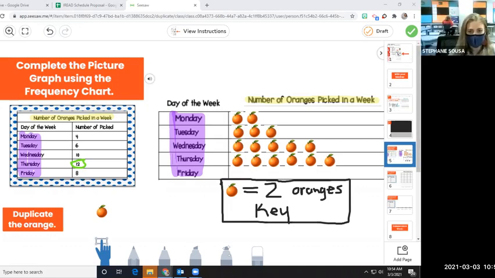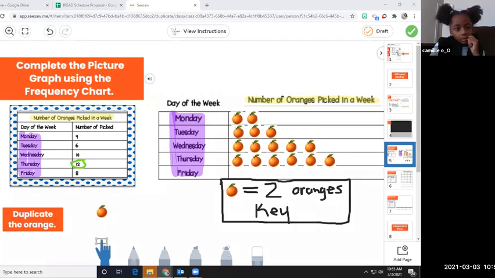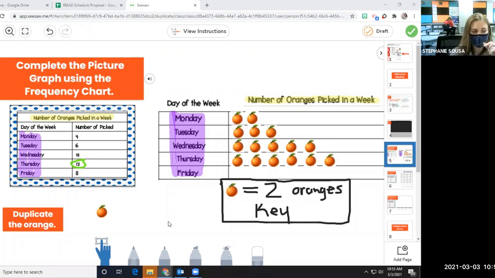All righty, let's take a look at our next one, Friday. Friday has 8 oranges picked. We're going to have to duplicate. There we go. I'll hold it up here. We are going to have to duplicate until we have enough to represent the 8 oranges. So let's count by twos. 2, 4, 6, 8.